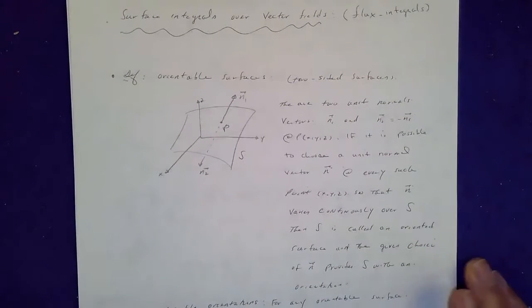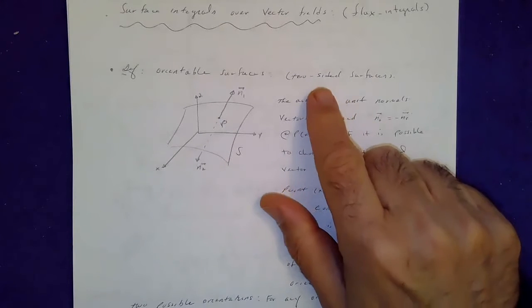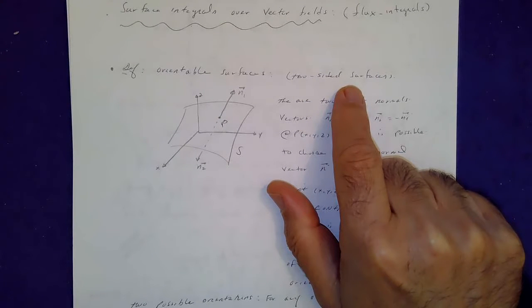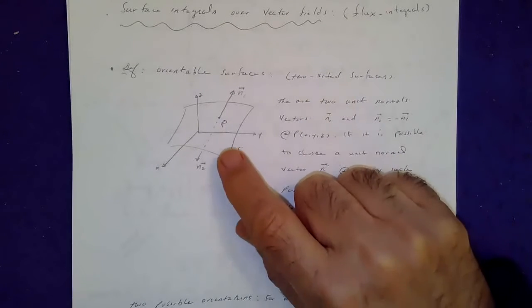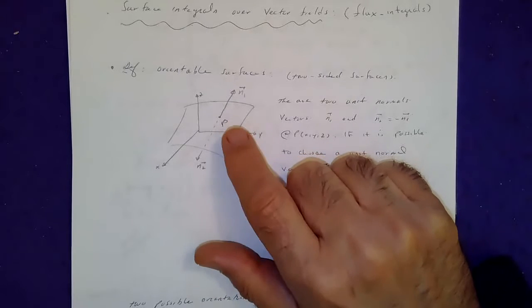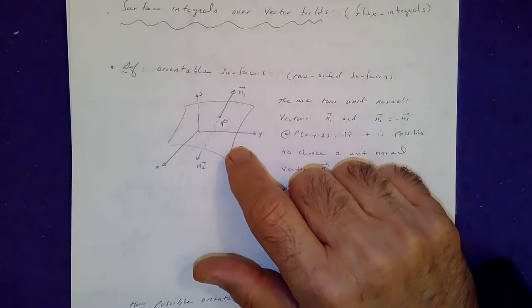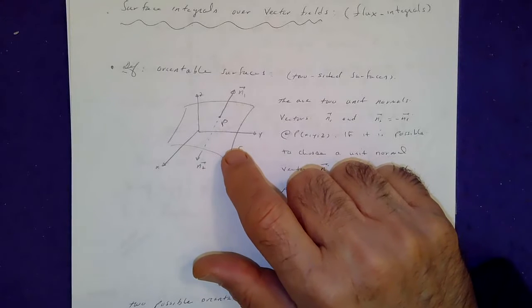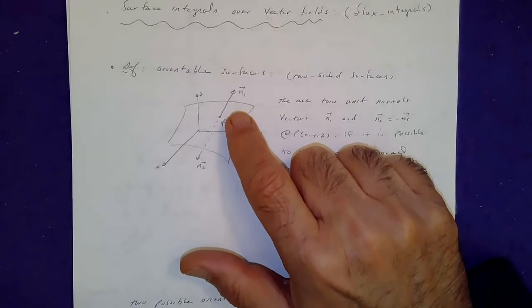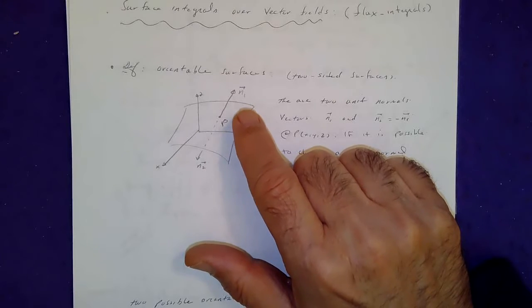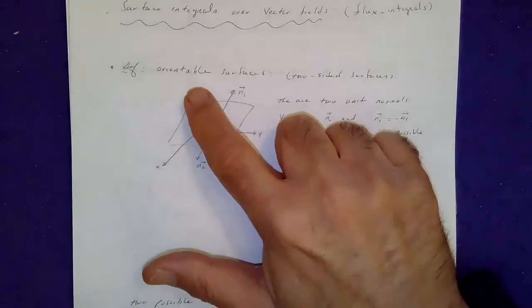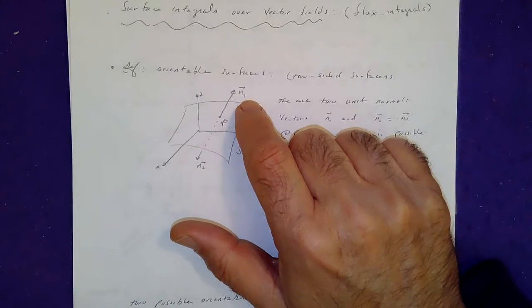The bottom line is, a surface that is two-sided is called orientable if the direction of n doesn't change as you move from one point on the surface to another point. Otherwise, if the direction of the normal vector to the surface changes, then it's not orientable, correct?